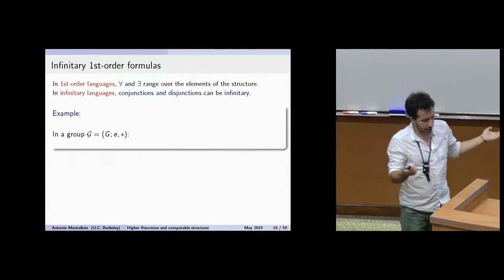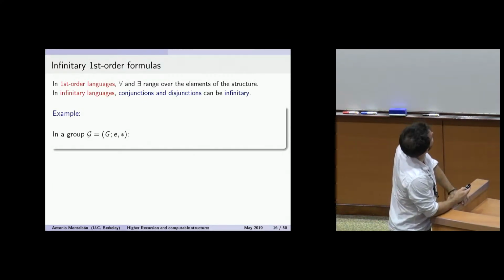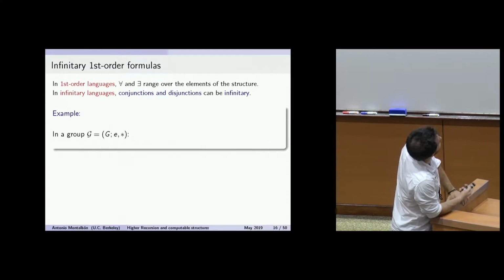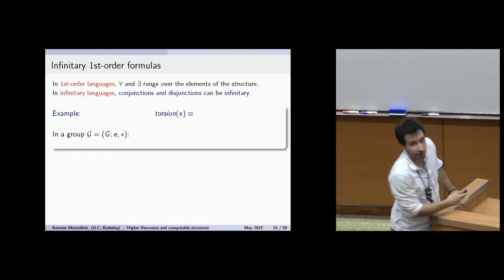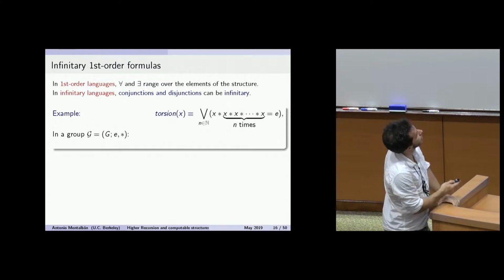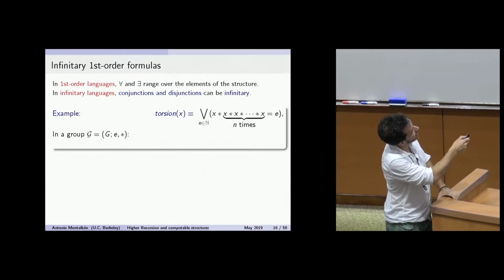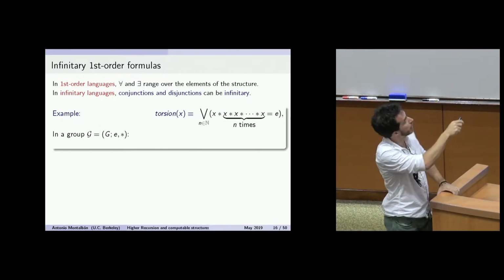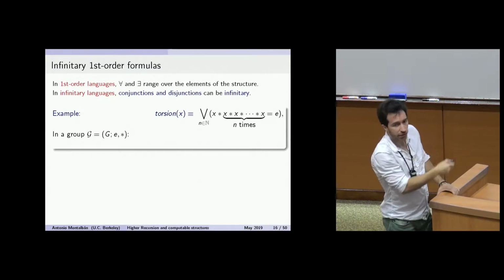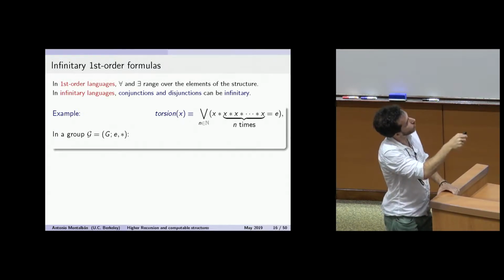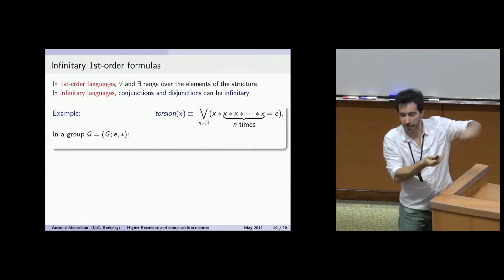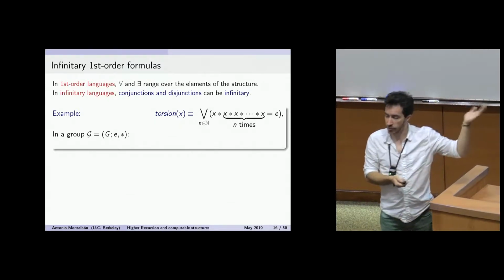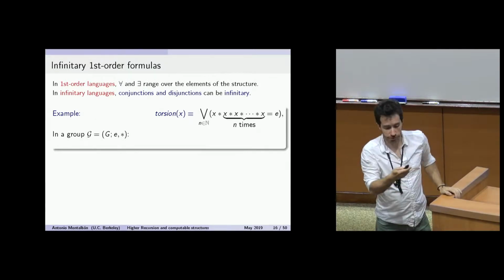So here are just 2 examples, if you haven't seen these formulas before. If you have a group, for instance, you can say that an element is torsion by this formula. It's an infinitary disjunction, this big O, this is a big O. Infinitary disjunction of this formula: x multiplied with itself n times has to be the identity. That's what it means for x to be torsion.